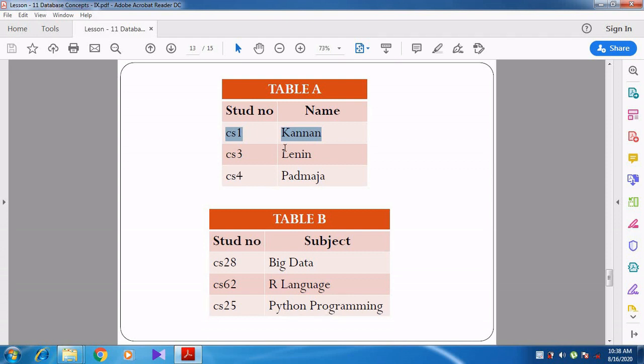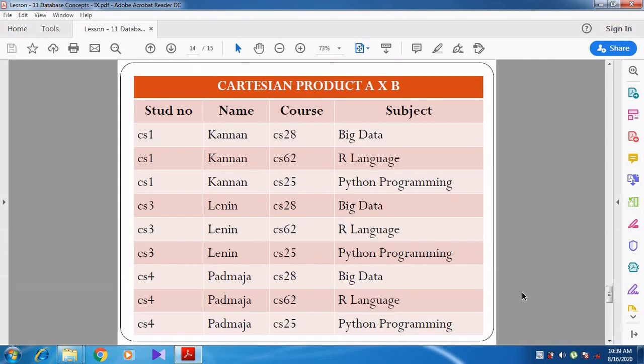So like that we want to follow for Lenin. CS3 Lenin is combined with CS28 big data. CS3 Lenin is combined with the CS62 R language. CS3 Lenin is combined with the CS25 Python program. So like that we want to combine table A and table B, that is Cartesian product A cross B.